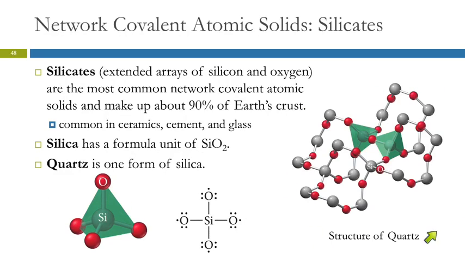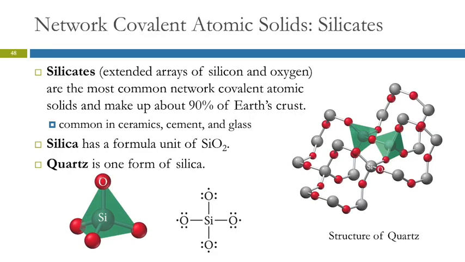In this array here, which I find difficult to look at and make any sense out of, what we've got are a series of tetrahedra, where the silicon is in the center and it's covalently bonded to 4 oxygens. And each oxygen is then bonded to 2 silicon atoms.